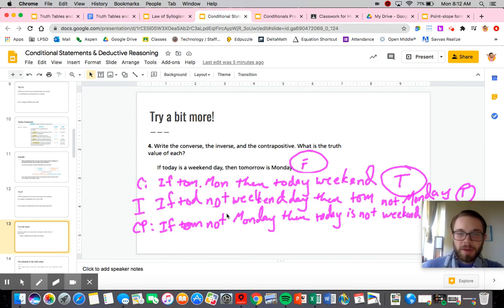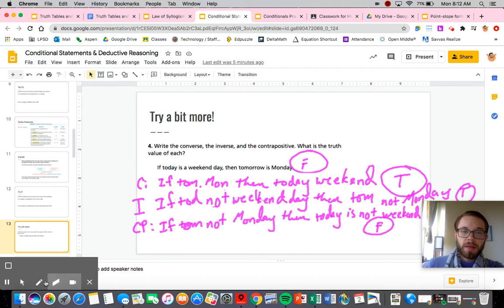We have tomorrow is not Monday. Okay, so it could be Sunday, could be any day but Monday. So you have 6 options here. Are any of those going to be the weekend? Well, right. If tomorrow is not Monday, so tomorrow's Sunday, but that would make today Saturday, which is in the weekend. So this is false.